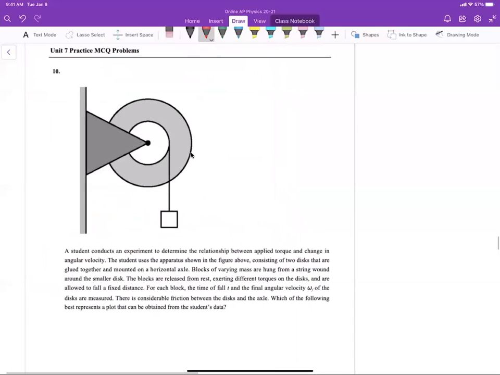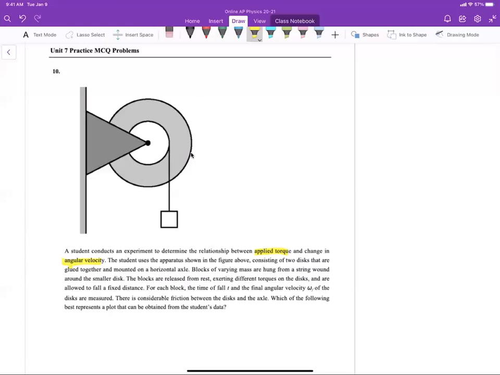All right, I have a situation where I'm going to apply a torque and see what impact it has on the angular velocity. The student uses the apparatus above, consisting of two discs that are glued together and mounted on a horizontal axle. Blocks of varying mass are hung from a string, like what we did in class, and they're released from rest.